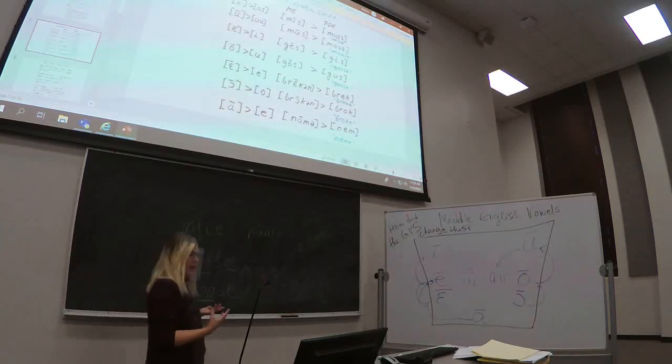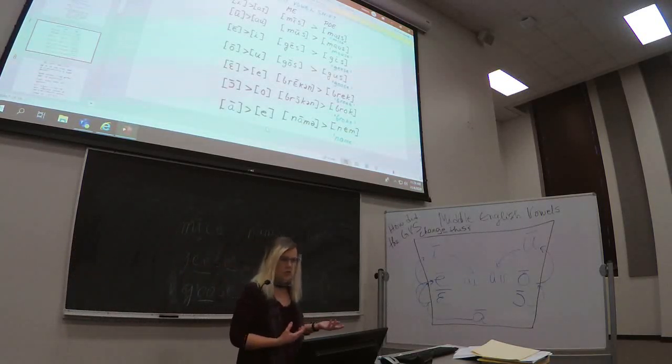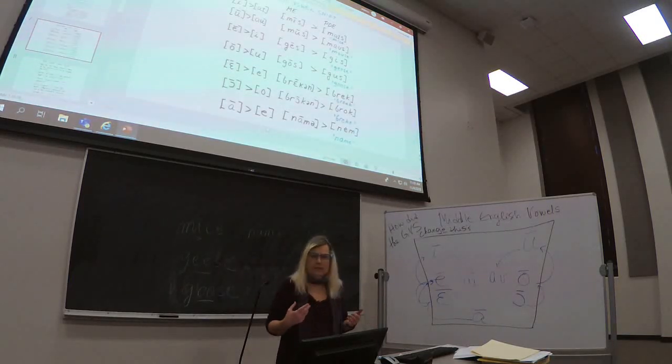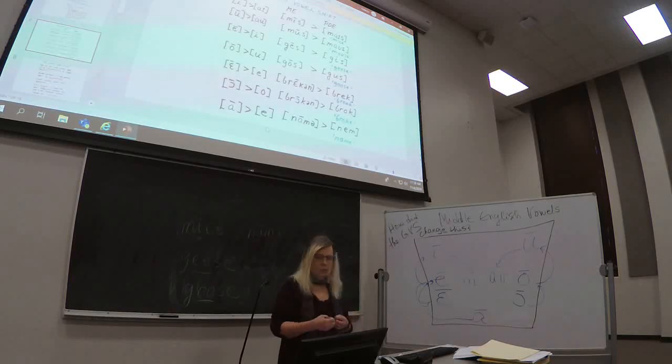So how does this type of internal language change happen? It's just like some group of people start pronouncing a vowel in a particular way. Like, oh, I'm not going to say "mees" anymore, I'm going to start saying "mice", and then it spread to all the pronunciations of that particular group of people.